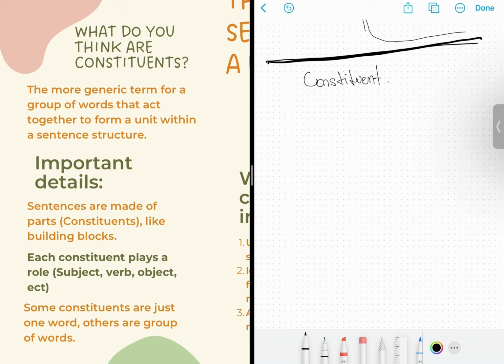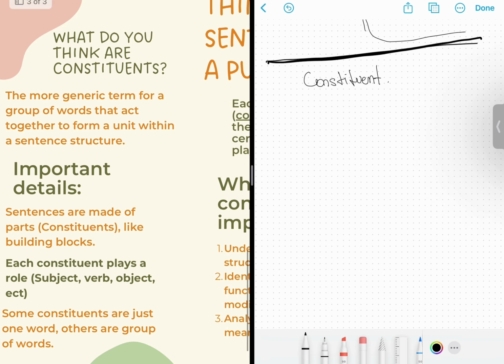Each constituent plays a role. Of course, each constituent plays a role in a sentence, because it needs a meaning. We need to have a meaning in the sentence. So, of course, we need constituents. The role of them could be a subject, a verb, an object.